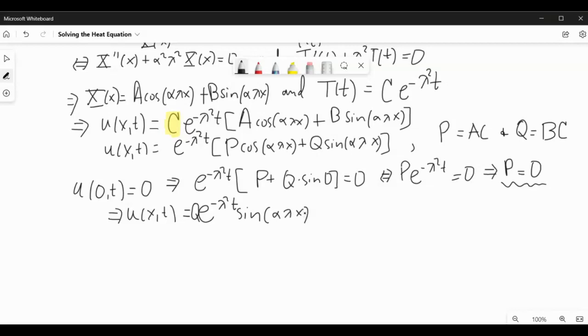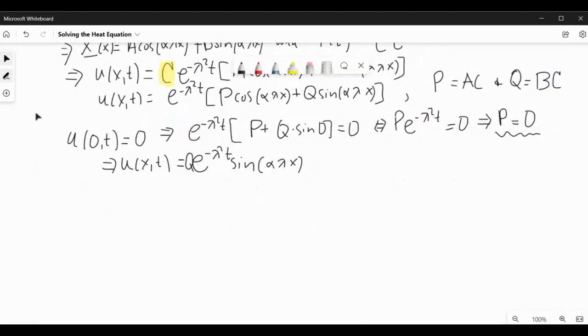And so now we are ready to continue with the solution by using the next condition for the heat equation, which is u of 1,t equal to 0.